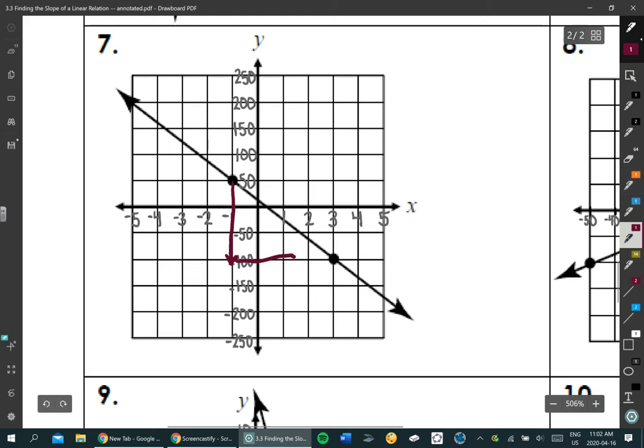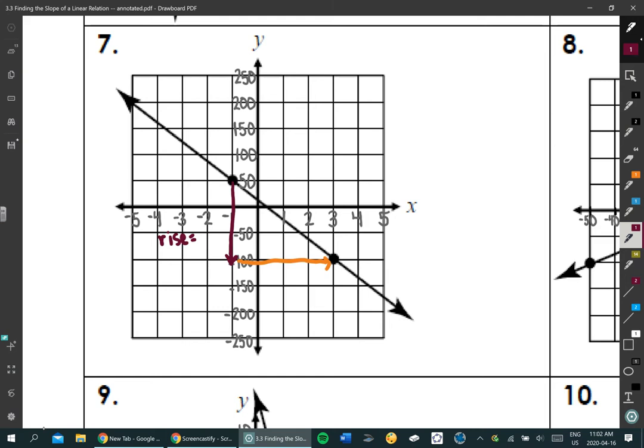Run goes across. Yep. Just like that. Okay, so rise. My rise is going down, so it's going to be negative. I started at 50 and I went down all the way to 100.